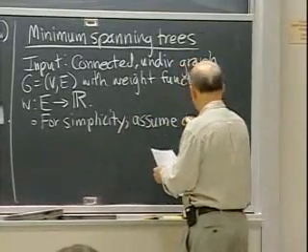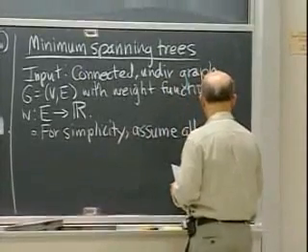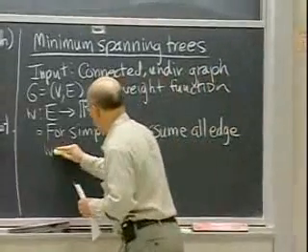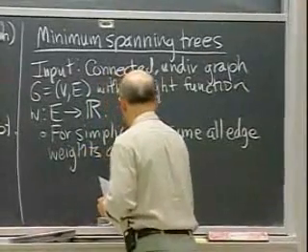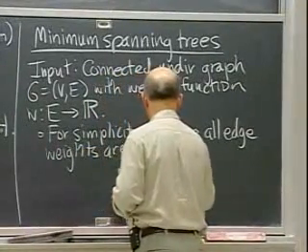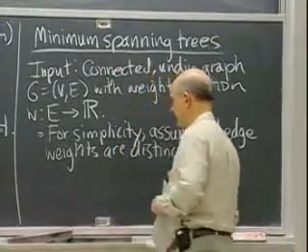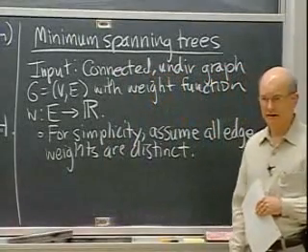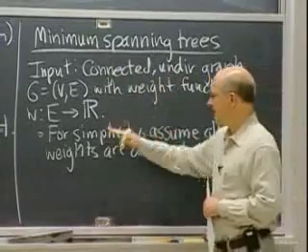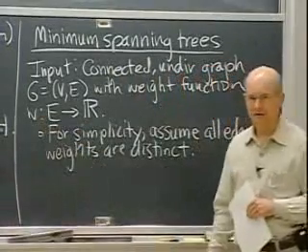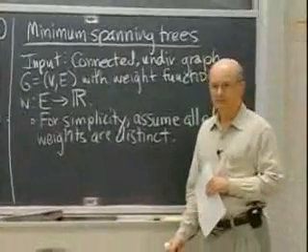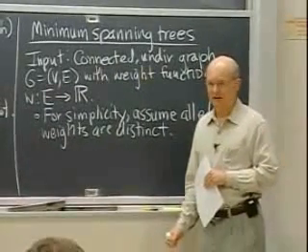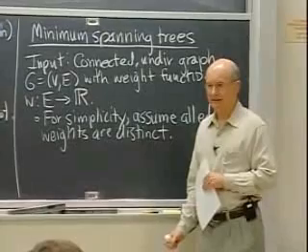We're going to assume that all edge weights are distinct. All edge weights are distinct. So what does that mean? What property does the function W have if all edge weights are distinct? Who remembers their discrete math?